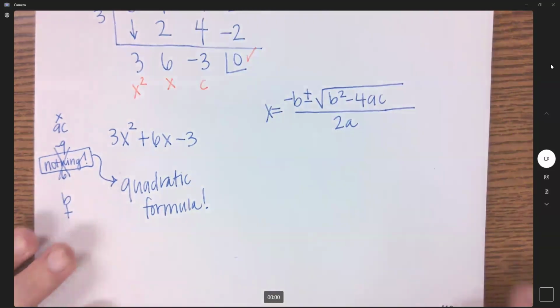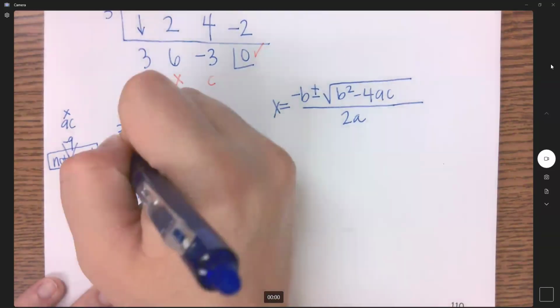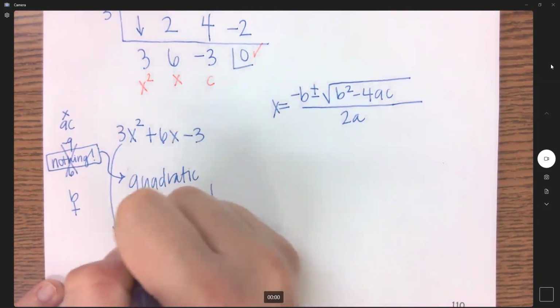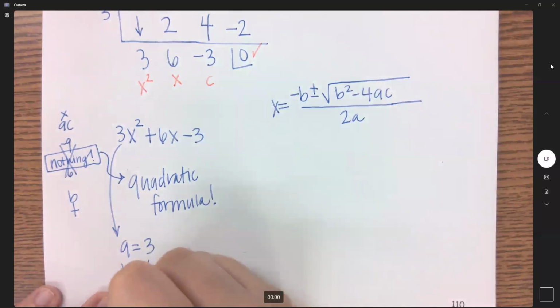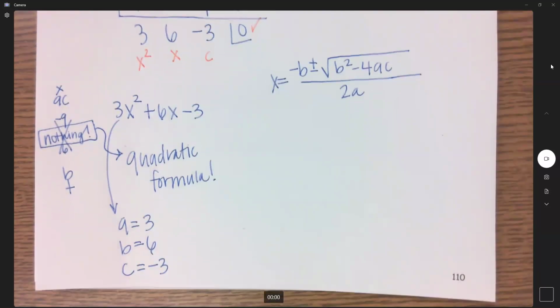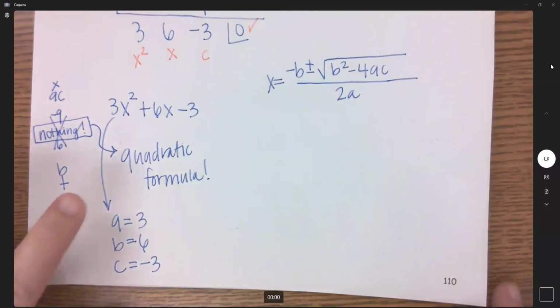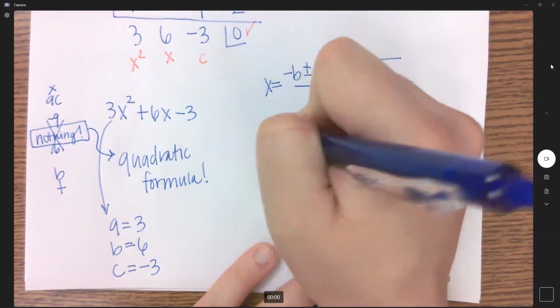Here's our quadratic formula. From here, my a equals 3, my b equals 6, and my c equals -3. So I have my variables, I have my formula. Let's substitute everything in.